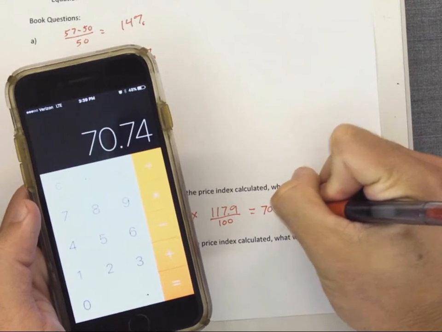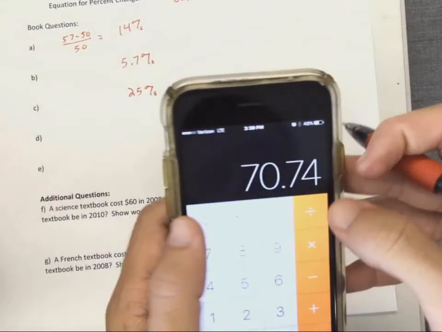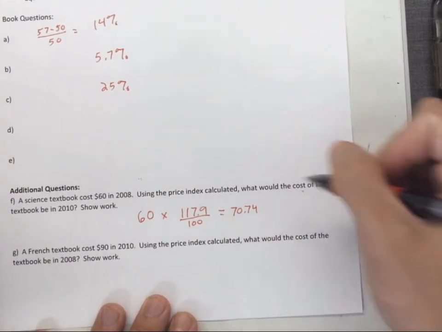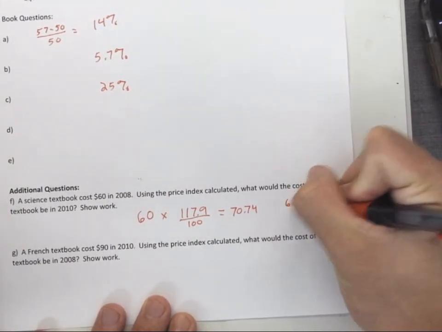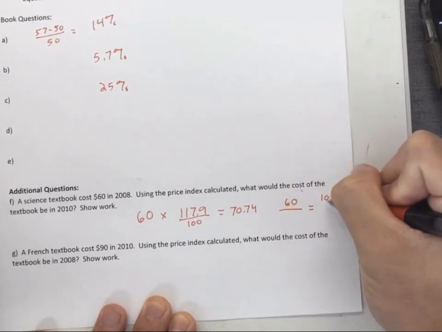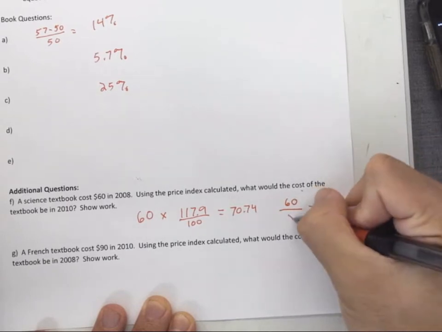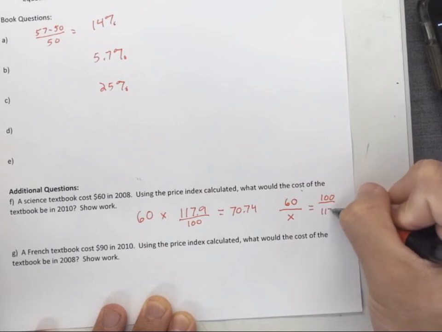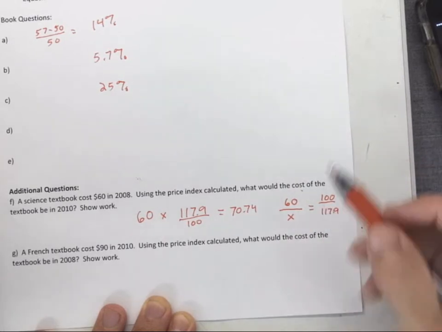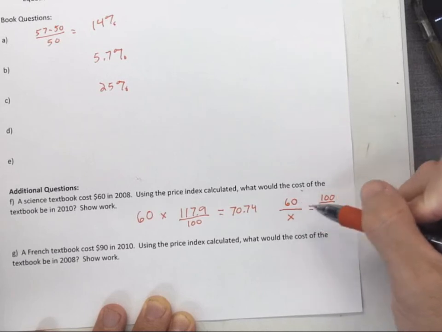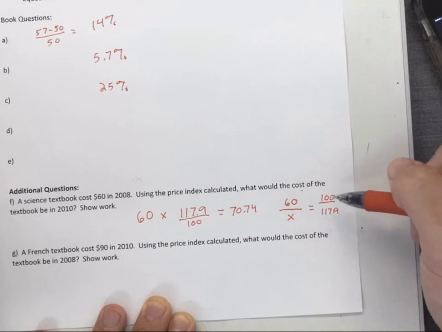Now, I do want to show you a different way that someone mentioned, which is to set that up as a proportion. What we would say is, the price of the textbook in 2008 was 60 when price level was 100. We want to know what the price is when price level is 117.9. So you're setting up this proportion saying $60 in 2008 to the 2010 price of the book is going to be equal to the same proportion that the 2008 price level was to the 2010 price level.